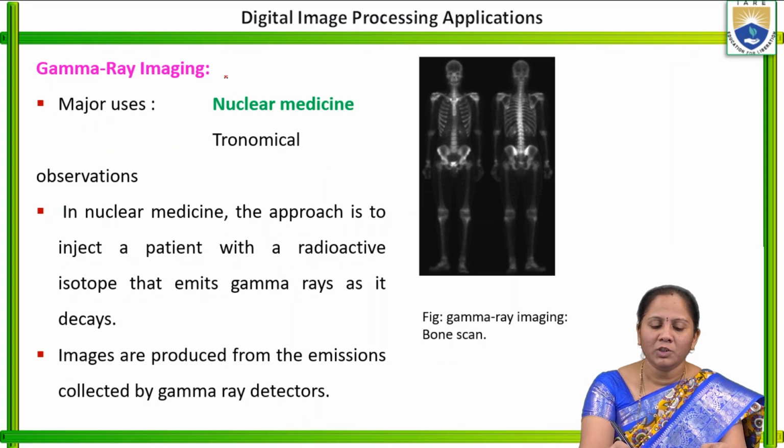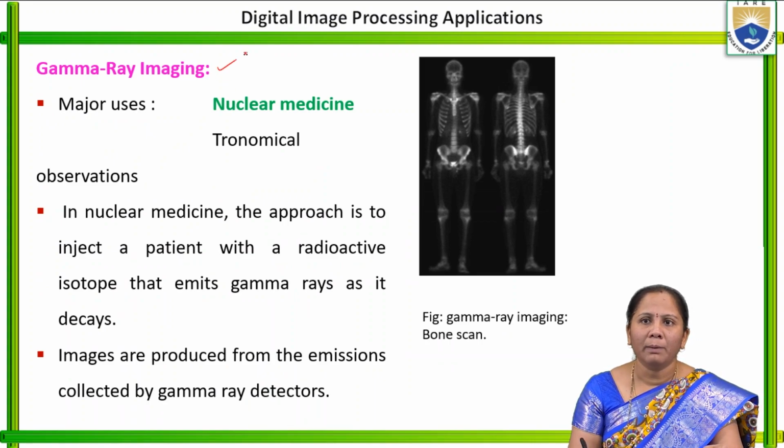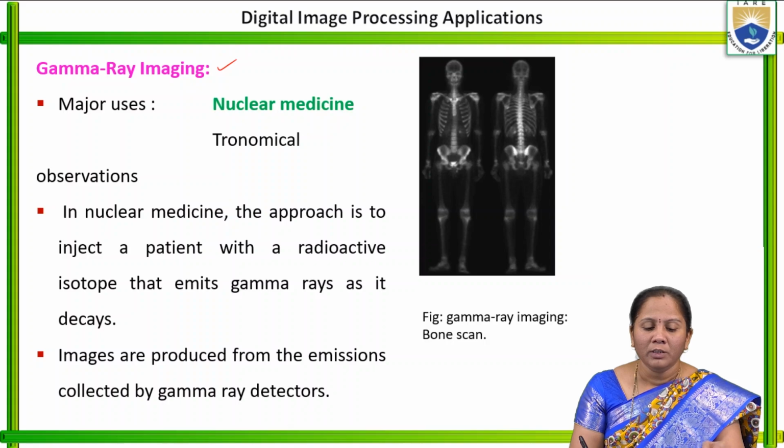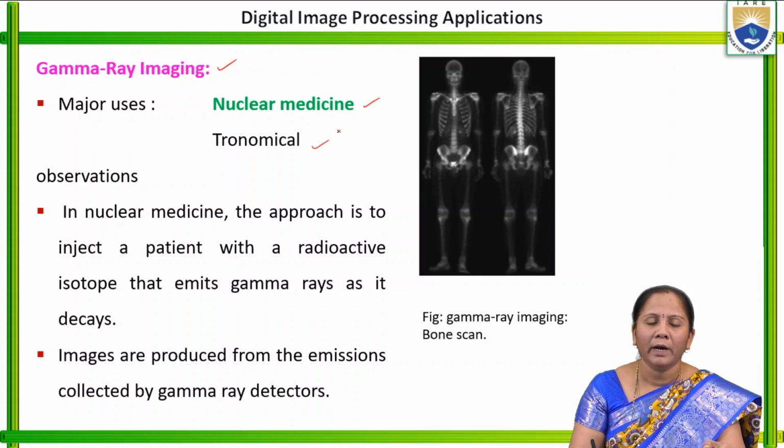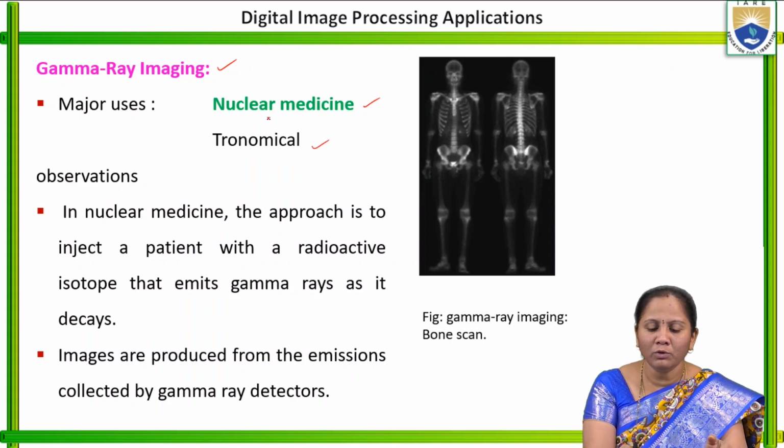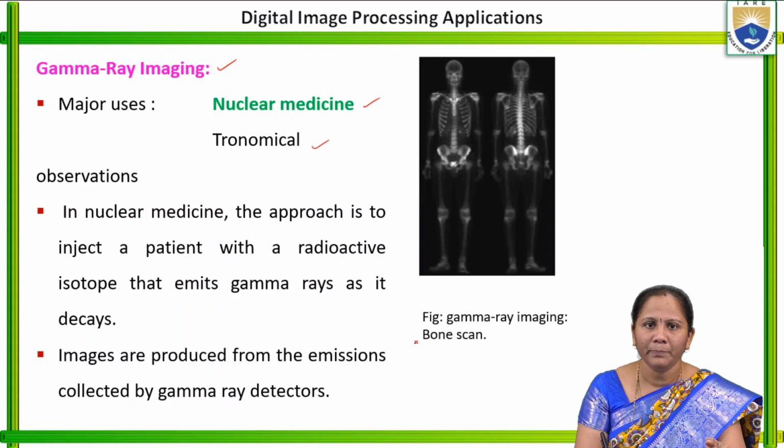So the first application here is gamma ray imaging. This gamma ray imaging application is mainly used in nuclear medicine and astronomical observations. If we discuss, it is broadly used in nuclear medicine.